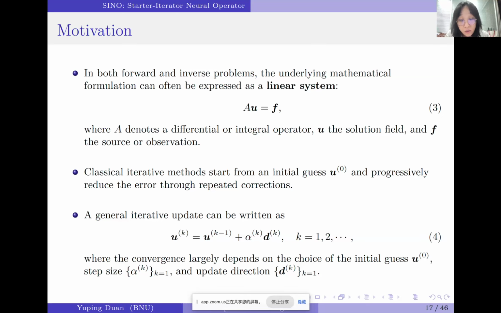Classical iterative methods can be used to solve these linear systems. It usually starts from an initial guess and progressively reduces the error through repeated correction. A good initial guess can make the later iterations much easier. So our SINO follows the same idea: first, initialize the solution and then refine the remaining error.